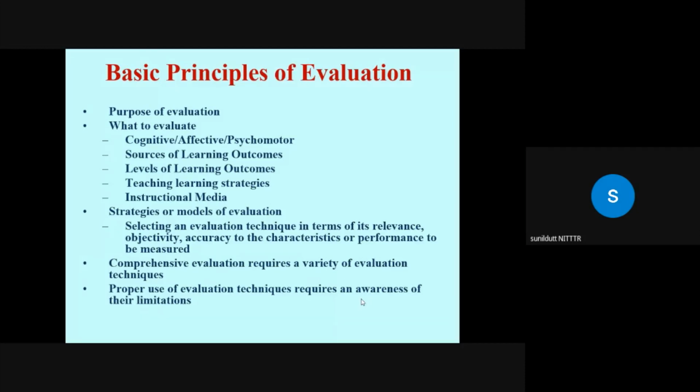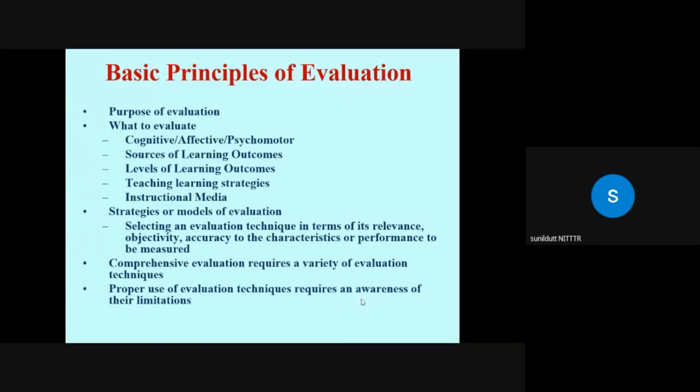For example, sampling error. An achievement test may not adequately sample a particular domain of content. Some items you leave out when you give open choice, so the test will not contain all the learning outcomes.